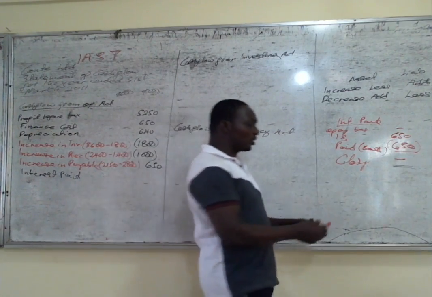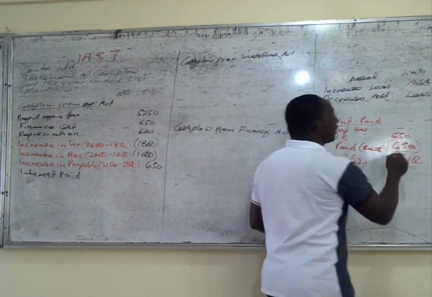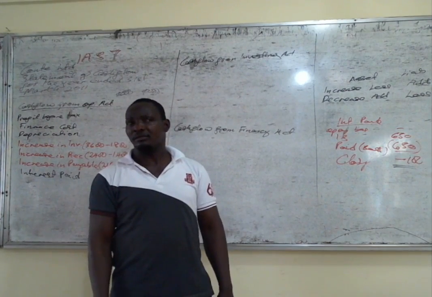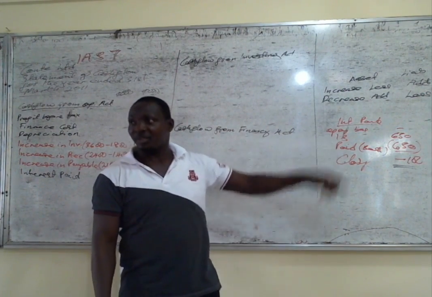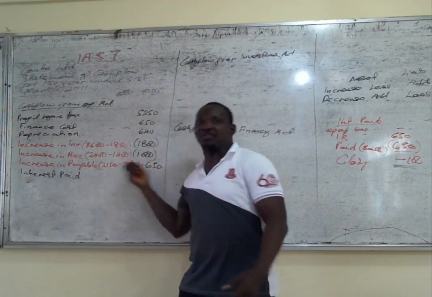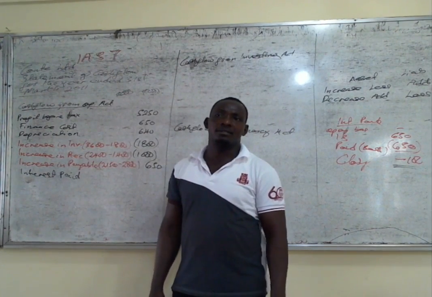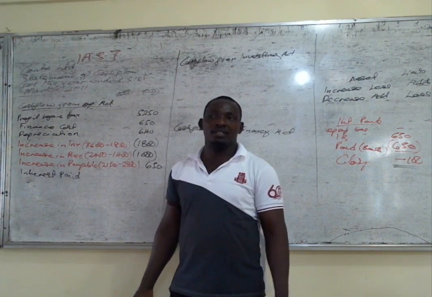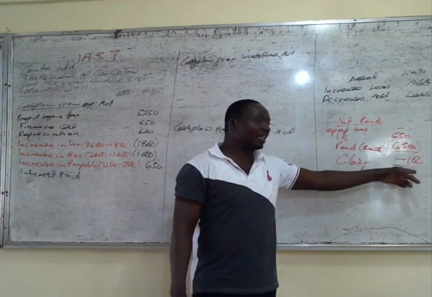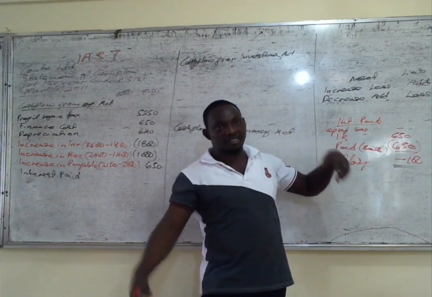So if there is a closing of 100, it means that we have paid only 550. Then you can write interest paid 550. I hope it's simple. If it is 250 there, it means that part remains.